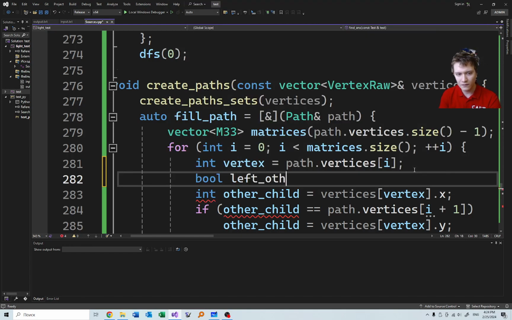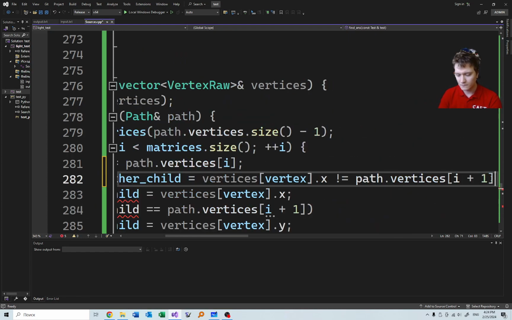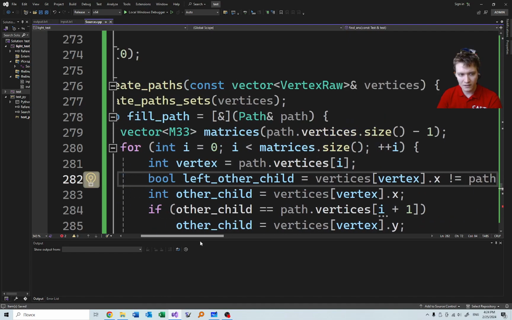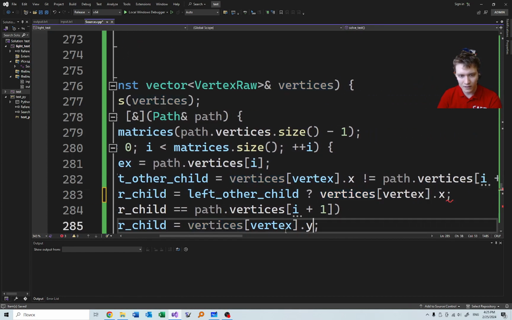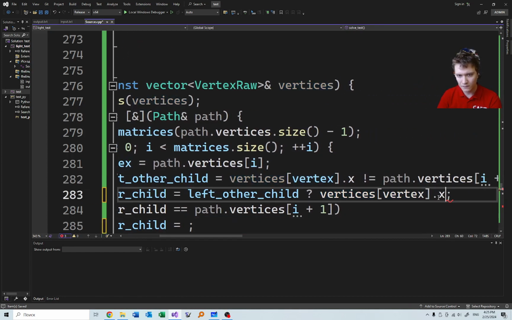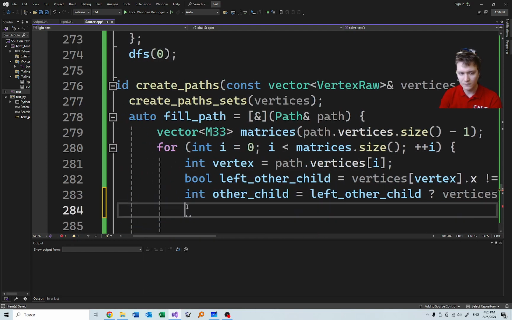Bool left other child equals, is it true that vertices vertex x is not equal to path dot vertices I plus 1? Then we say that other child is, if it is left, then take x, else take y. Great.